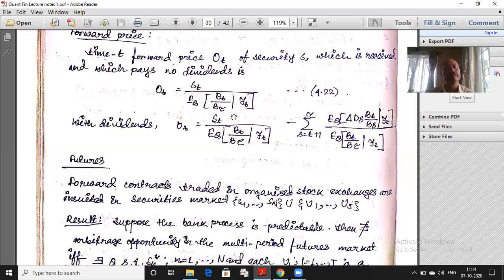Translated to market language, under the risk neutral probability, all the stocks are expected to grow only at the bank rate. I would expect the stock to give me only as much as the bank in expectation. And under that, I have a description of a complete market. So all stocks have the same property, and all contracts are achievable. All types of contracts are marketable.